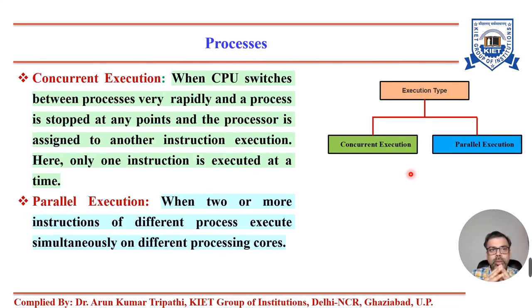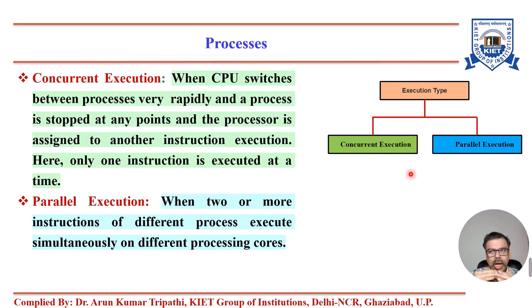Now the execution of processes may be concurrent or parallel. If I am writing something in a Word file, listening to a song, and copying a file, there are three tasks. The execution of these tasks is known as concurrent, because the processor can perform one task at a time.